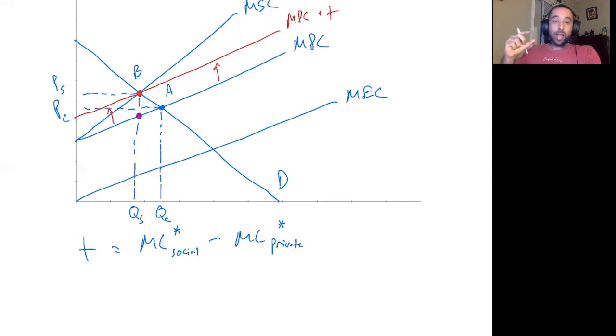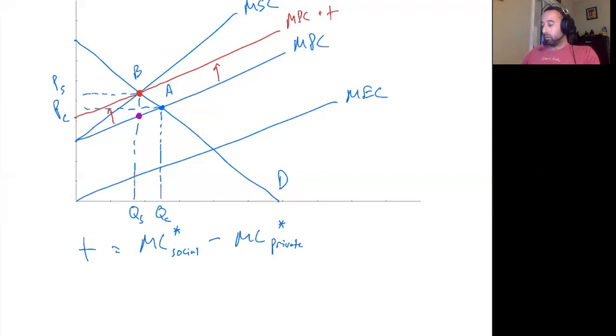That's the optimal tax because that is the difference between the marginal social cost and the marginal private cost at the socially optimal quantity, okay? And so what's interesting and nuanced but important intuitively is that the difference between the red and purple dots is actually equal to the marginal externality cost evaluated at the socially optimal quantity. It's just the value of the marginal externality cost at the socially optimal quantity here.